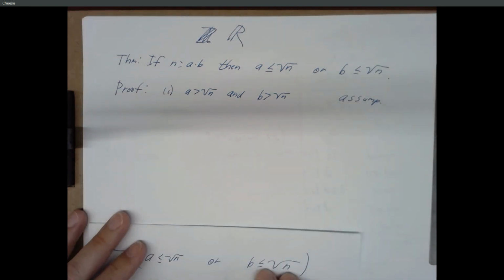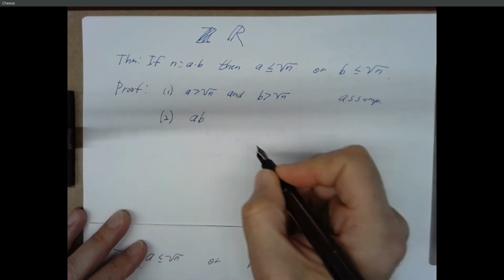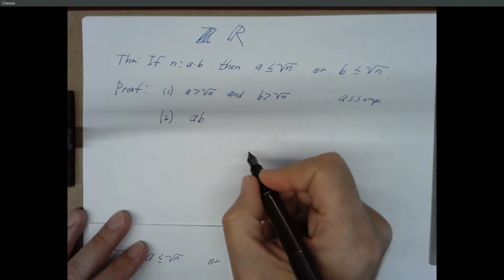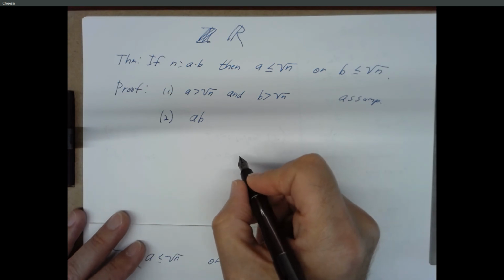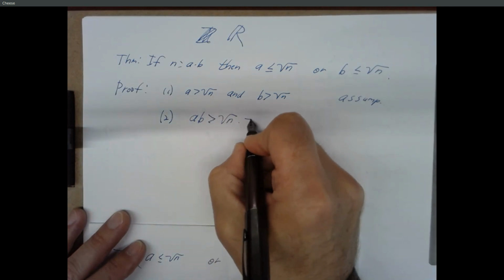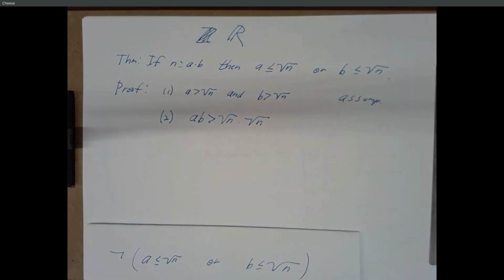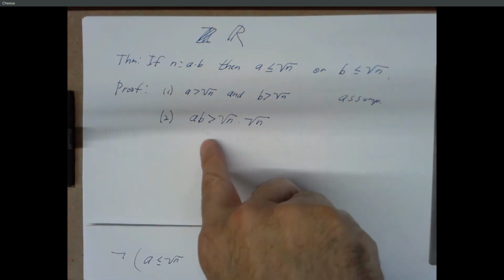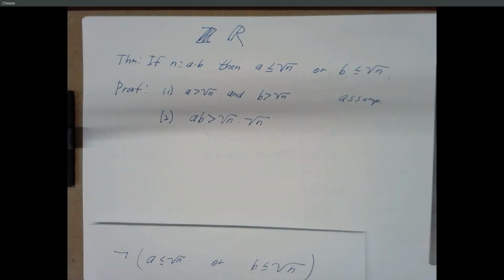Suppose a is bigger than square root n and b is bigger than square root of n. What can we say about a times b? It's bigger than the product of the square root of n times the square root of n. Right? We can carry these greater than signs through multiplication as long as things aren't negative. And square roots are not negative, right? We usually assume we're talking about the non-negative square root of a number.